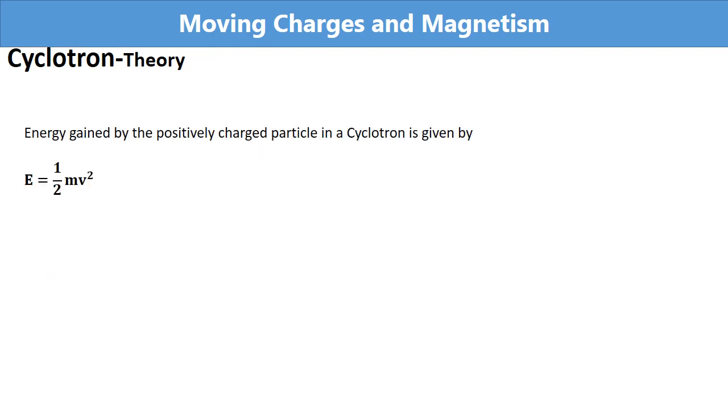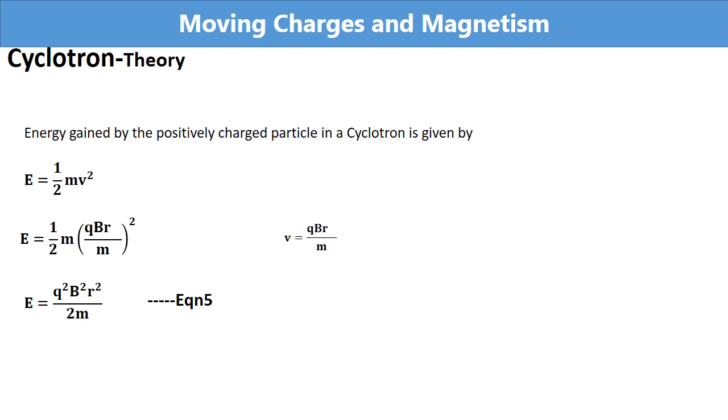The energy gained by the positively charged particle in a cyclotron is given by half mv squared. Here, velocity we can substitute from equation 1. So, the equation for energy will be like this. Equation 5 represents the energy gained by the particle in a cyclotron.